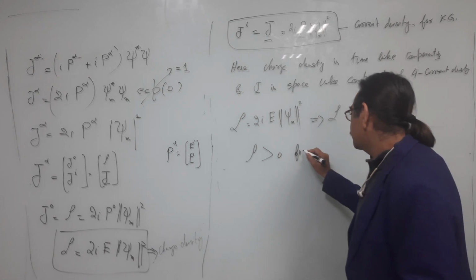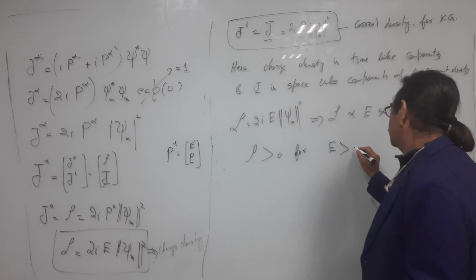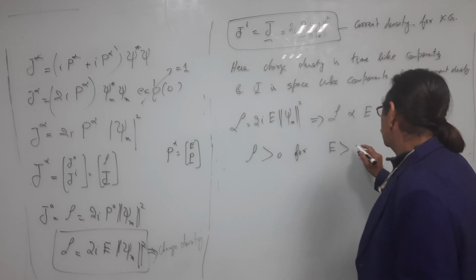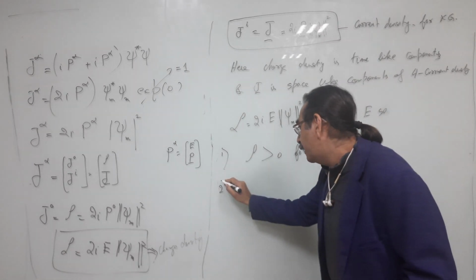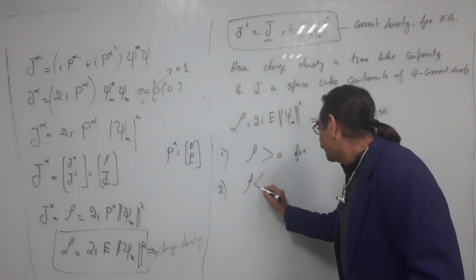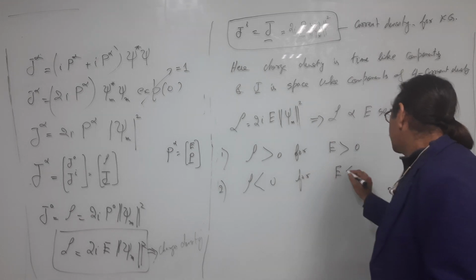Rho is positive for E greater than 0, a positive number. Rho will be negative for E smaller than 0.